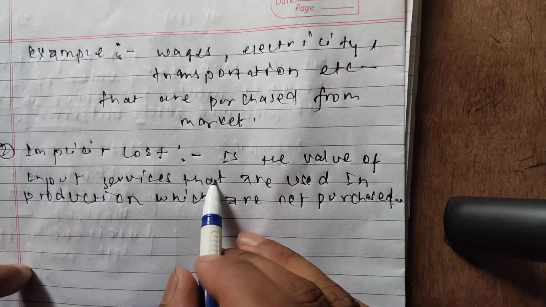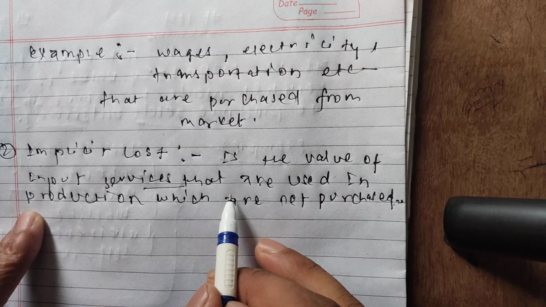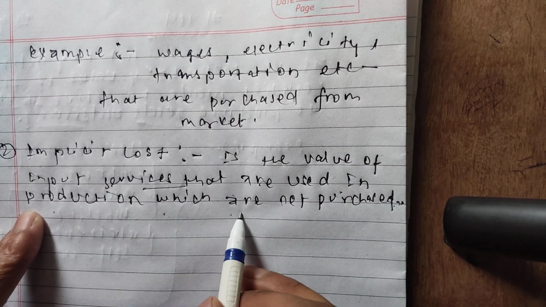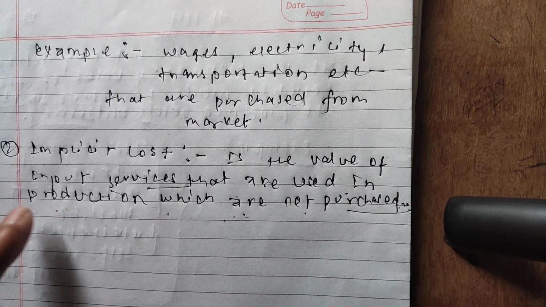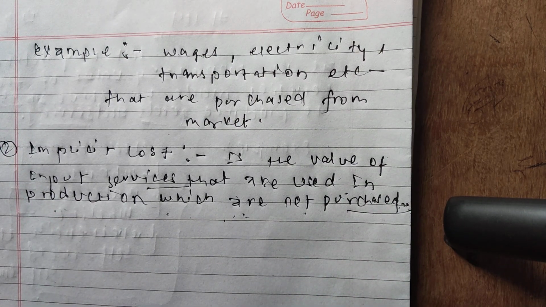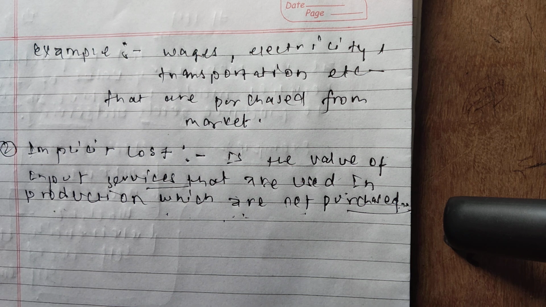Like when we are starting a company or providing goods and services, we have some things already, like furniture, machineries, a carry van, that are used in business which are not purchased from the market. All those expenses are under the implicit cost.